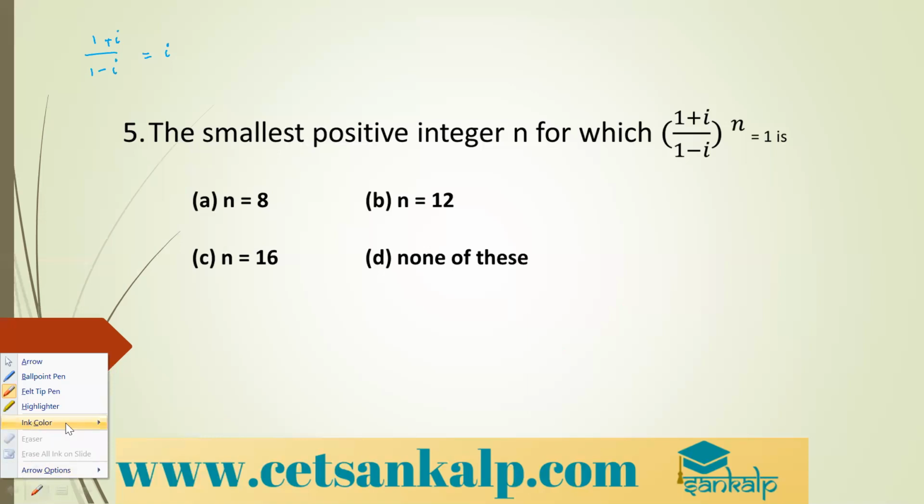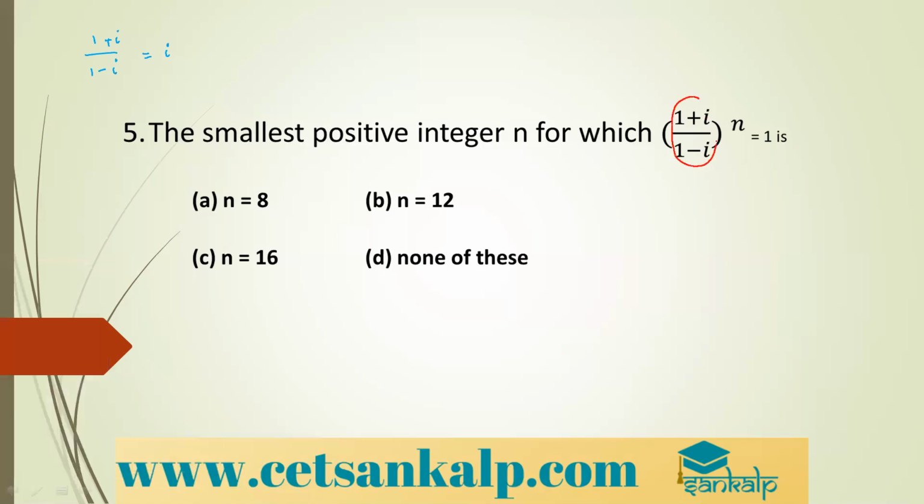So using this shortcut formula, I will write 1 plus i by 1 minus i whole power n equal to 1, so i power n equal to 1. Now in the question they are asking us what is n. If you take i power 0, it is 1.